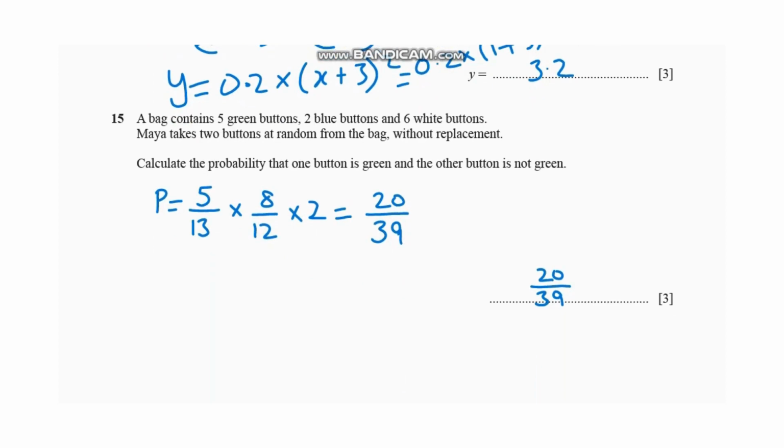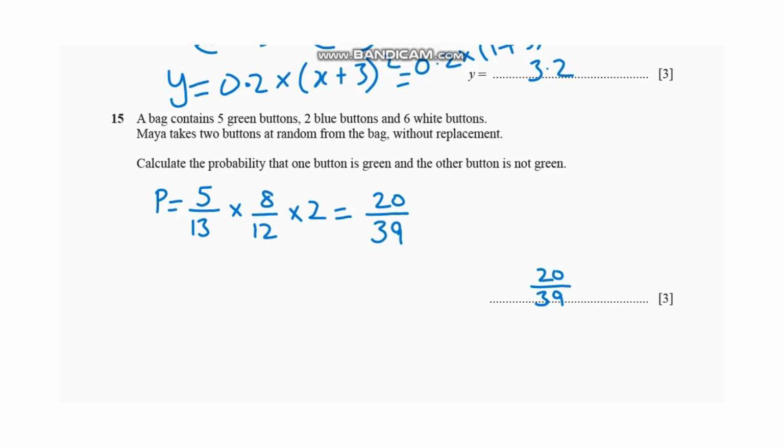Question 15 states a bag contains 5 green buttons, 2 blue buttons and 6 white buttons. Y takes 2 buttons at random from the bag without replacement. Calculate the probability that one button is green and the other button is not green. So first will be green, so 5 over total buttons, which is 5 plus 2 plus 6 will be 13.